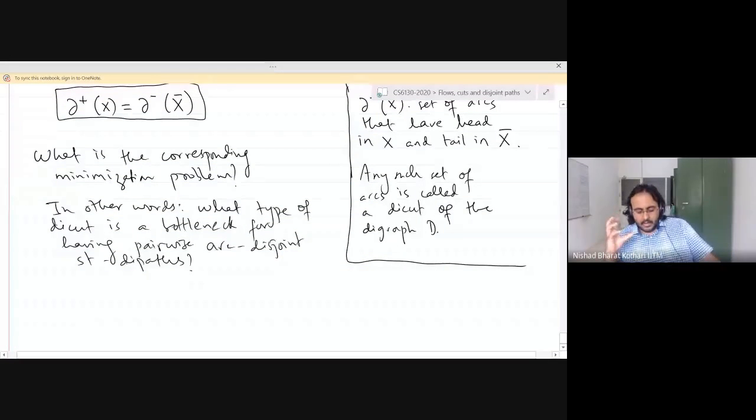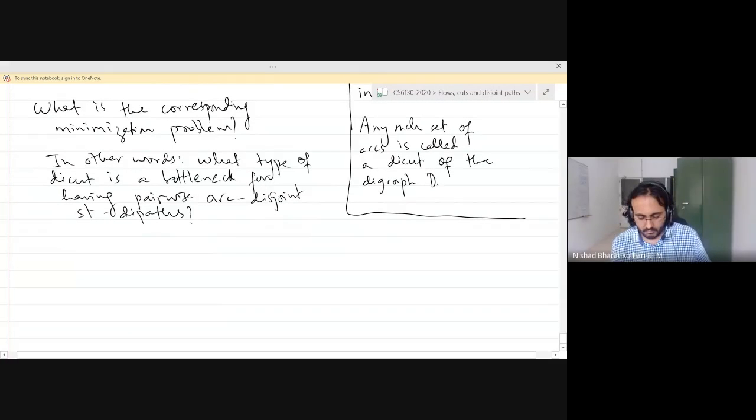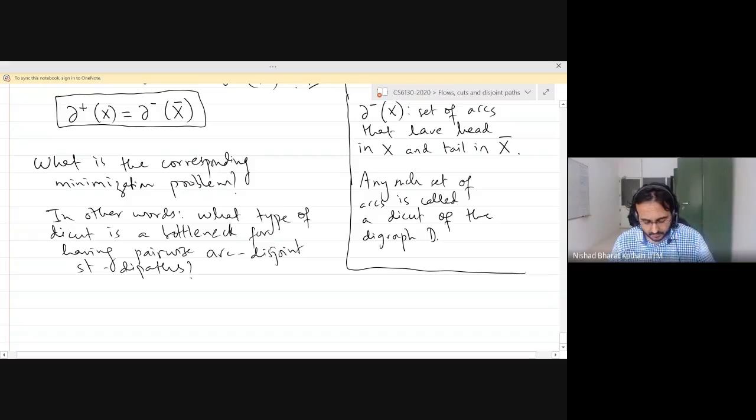What kind of dicut prevents you from having too many pairwise arc disjoint st dipaths? Anyone? No guesses?